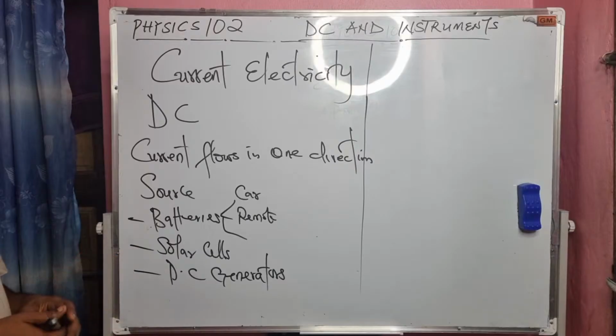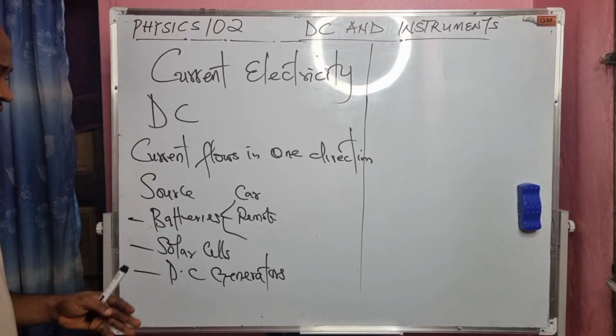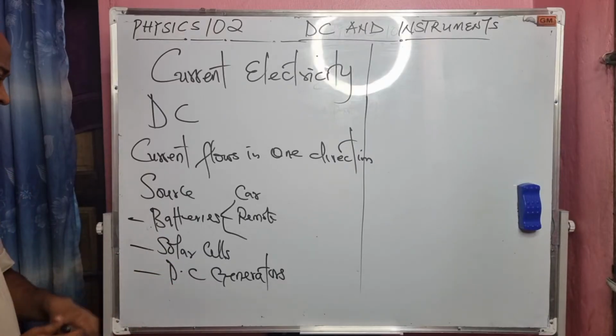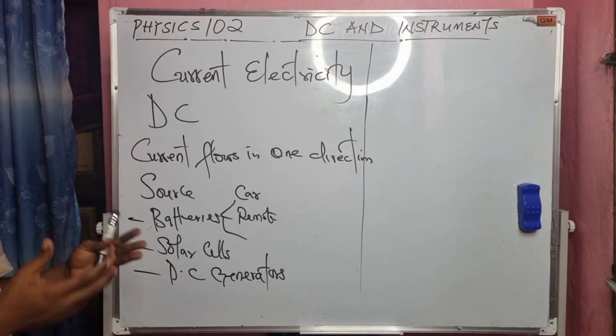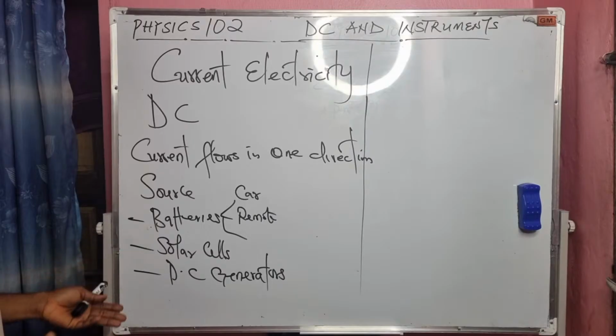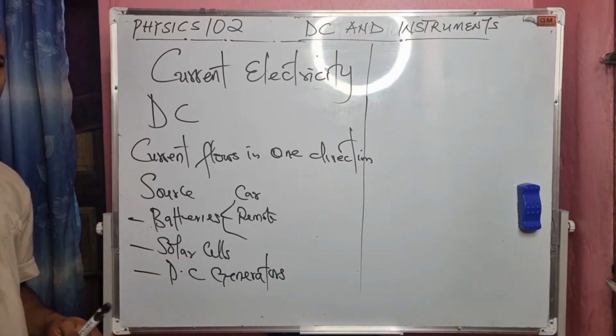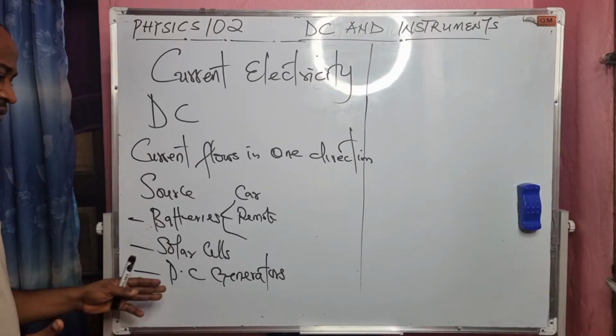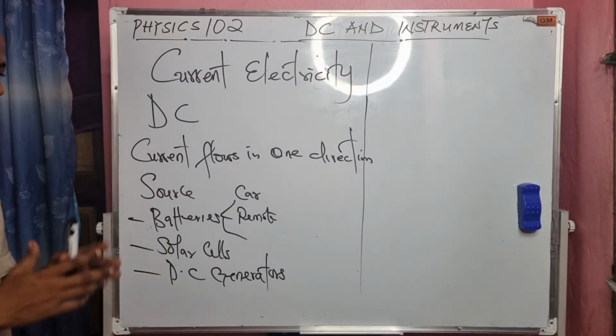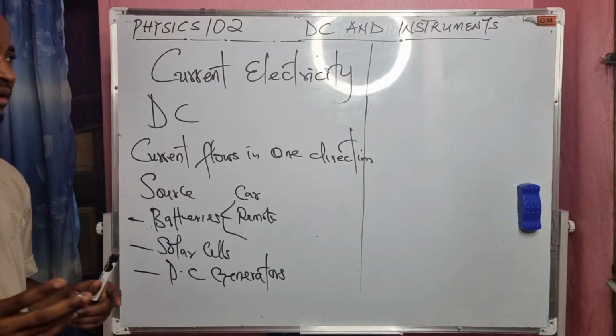Then the solar cells, like solar panels, make use of direct current. Then we have our DC generators. We also have AC generators, which are the generators we all make use of. One thing you should know about AC is that it's a current that flows in different directions.